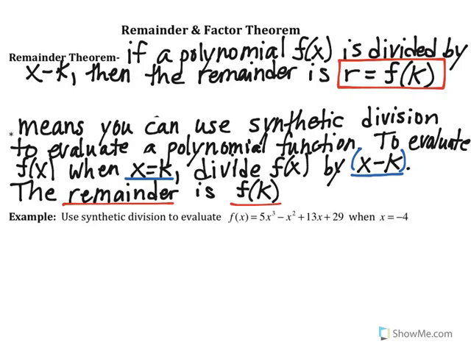So we're going to do one, and we'll check it with our regular evaluation process. Again, here this would really mean the factor is x plus 4. So we're going to use the sign of the negative 4.